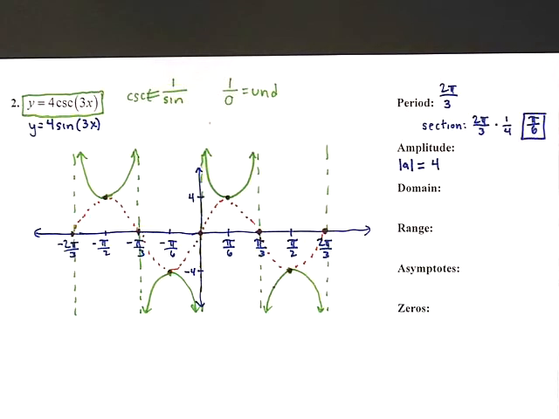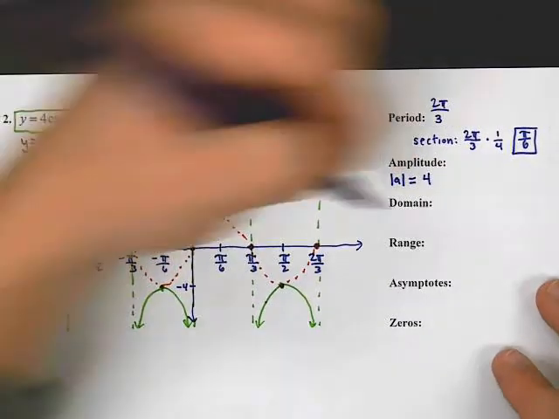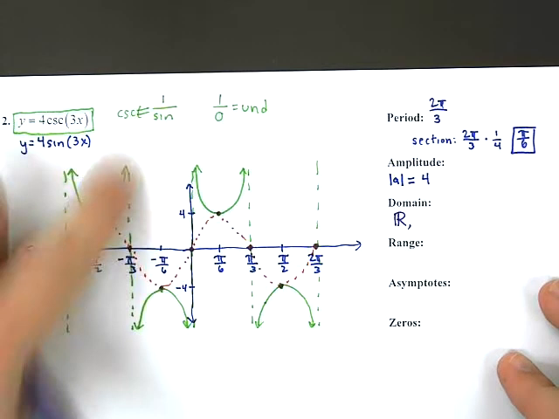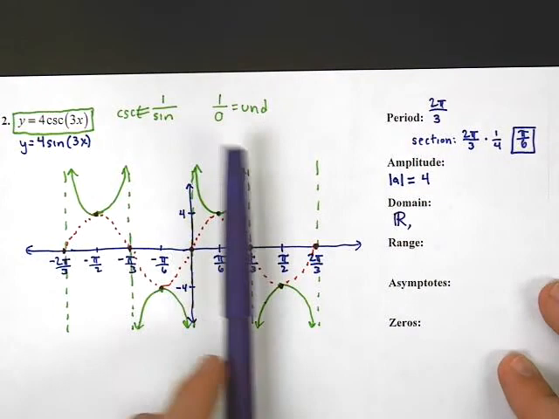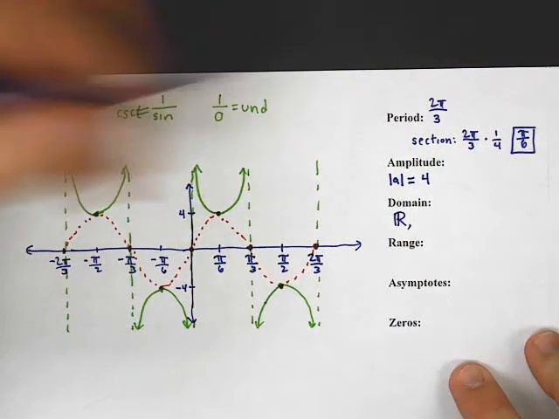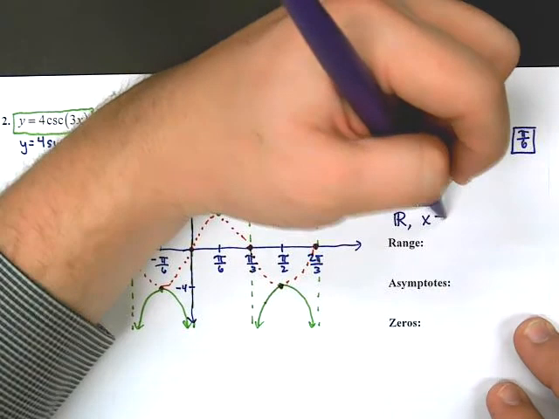Now we're ready for some domain work. Well, let's think about this. Domain, we're going to start with all real numbers, because there's a lot of places. But there are very specific places where it is not ever going to hit, and those are the asymptotes. So we know that there are going to be restrictions.